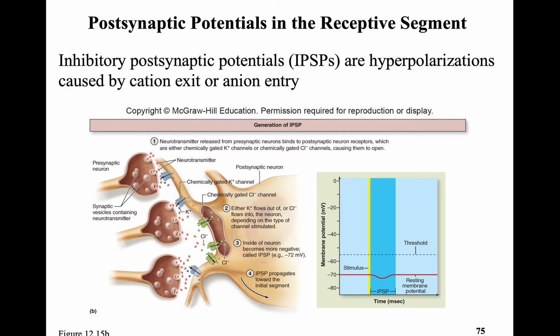Now what's the importance of that? Well, if the cell is too negative, it's never going to reach threshold. And that means it's never going to get a chance to even make an action potential. You're actually making sure that that second neuron doesn't fire. And that's why this process is called inhibitory.